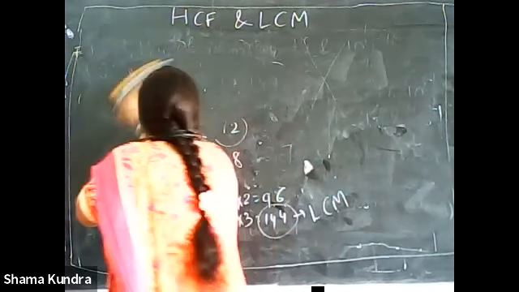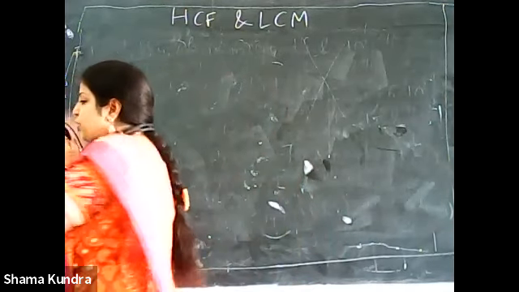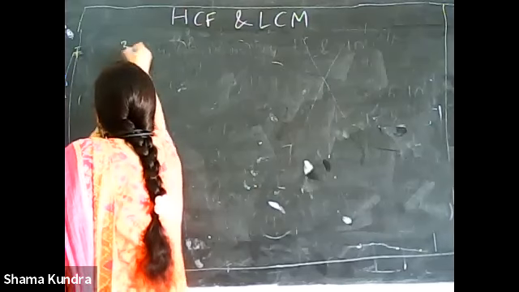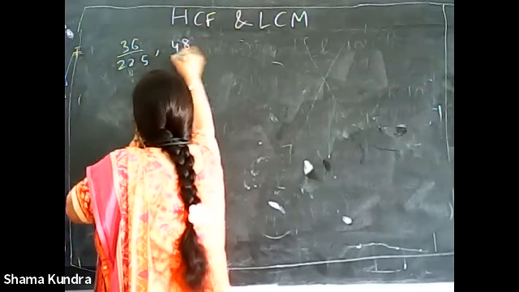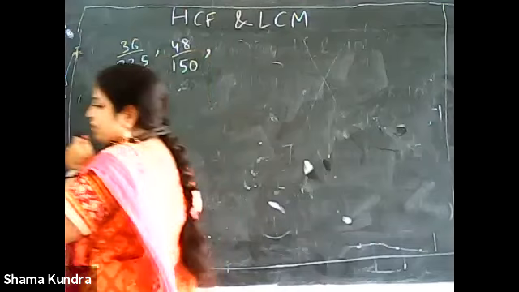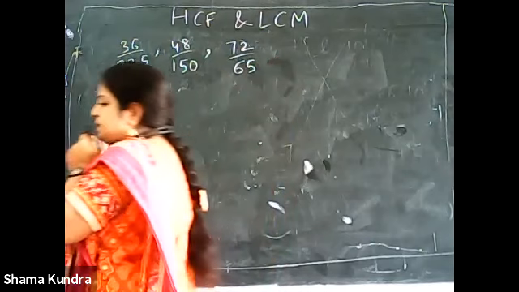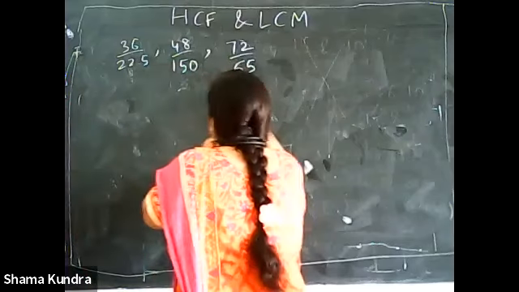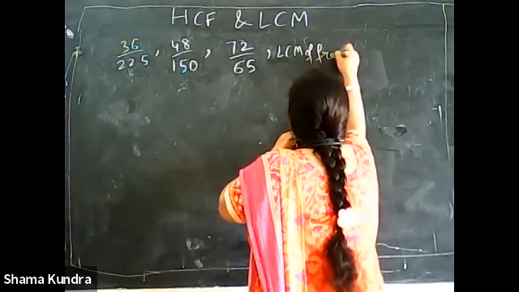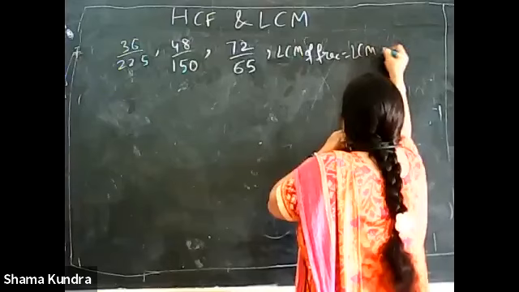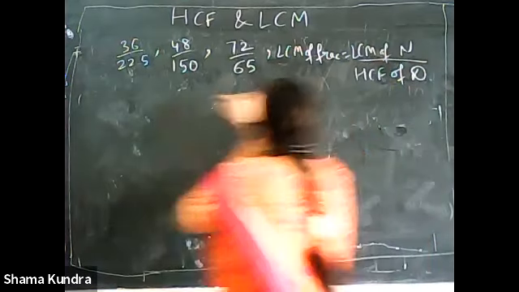Now see HCF and LCM in the case of fractions. Suppose we want to find the LCM of 36 by 225, 48 by 150, and 72 by 65. I know the LCM of fractions would be the LCM of numerators divided by the HCF of denominators.